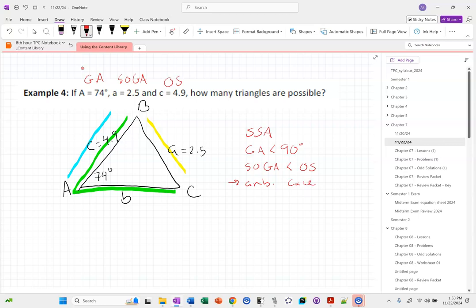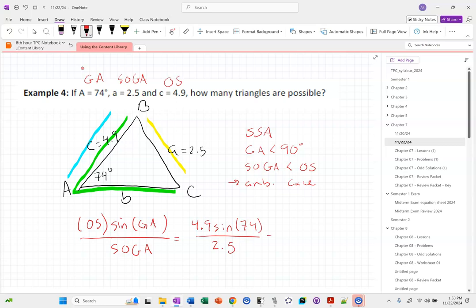So this is the ambiguous case. So then I'm going to do my formula to see what's going on.